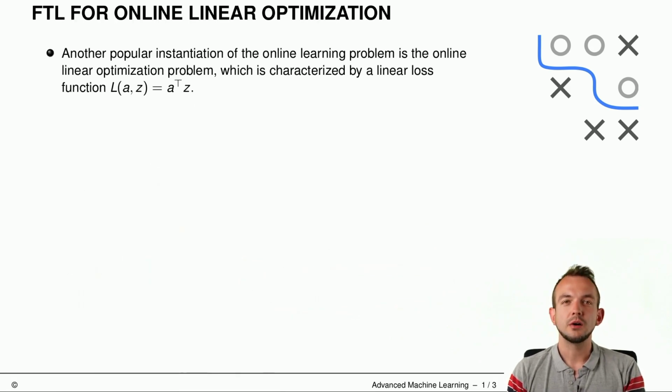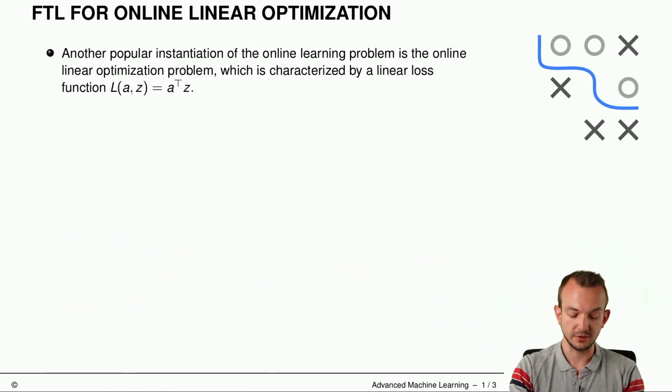So, what are online linear optimization problems? Similar to online quadratic optimization problems, they are simply characterized by their loss function.